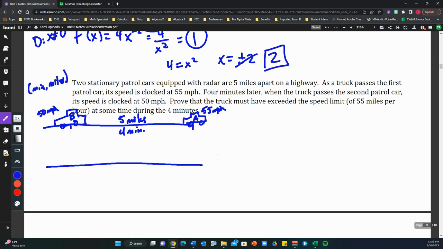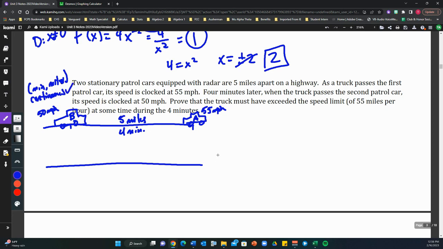So as far as continuity goes, as long as at every moment in time from 0 to 4 minutes, the truck had a position, then we would say it's continuous. So unless the truck magically disappeared in between passing those two trucks, which we wouldn't assume to be true, that would be the only way that this function would not be continuous. So it's safe for us to assume the car didn't magically disappear.